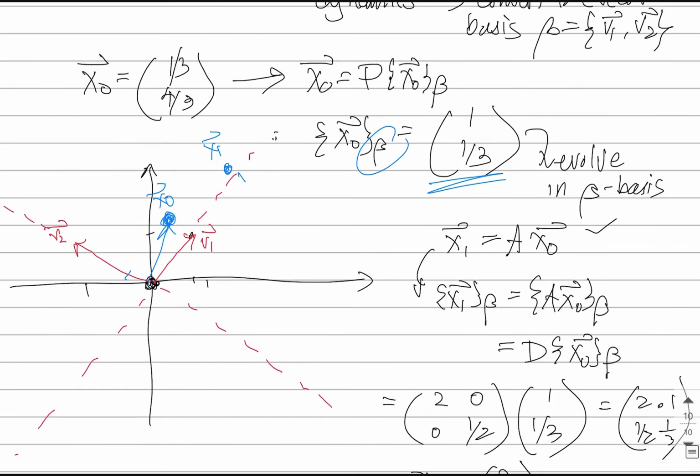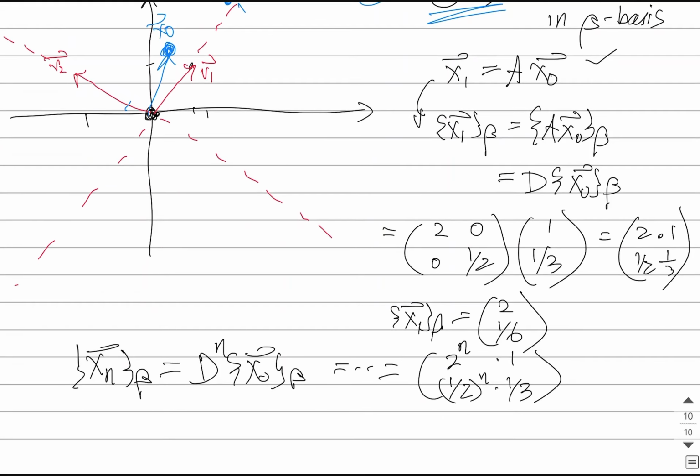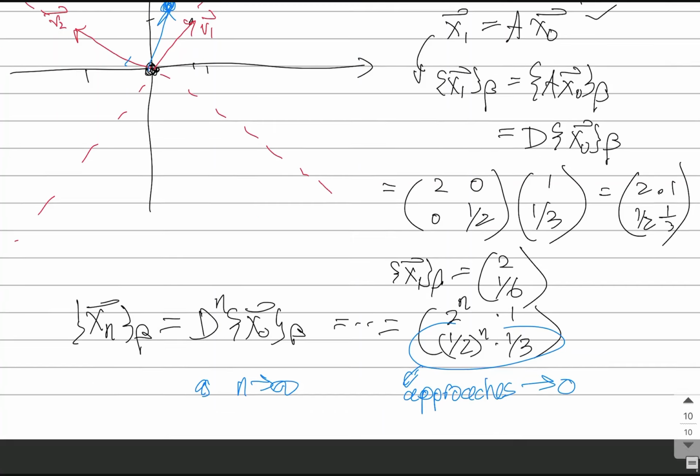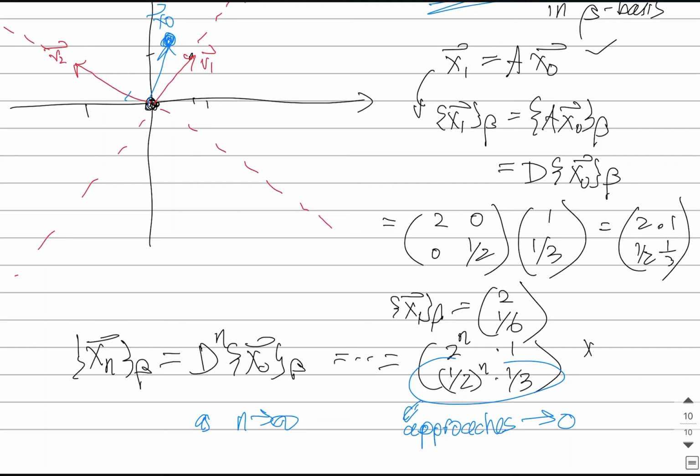As I evolve this in time, what I'm going to find is that those points will get closer and closer to the first eigenvector axis. As n goes to infinity, this approaches 0. And that means that x_n is approximately just 2 to the n times (1, 0).